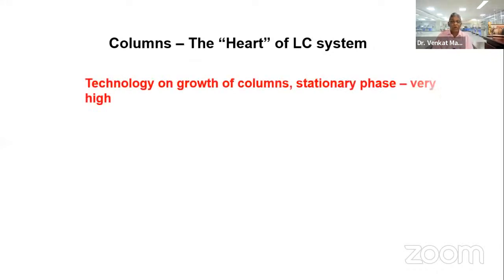Good. Now, as you know, the column contains stationary phase, and also of different nature or different kinds of stationary phases which fill the column, and they are responsible for the separation of the components. The technology has grown tremendously to fill the column with different particle sizes. The column is an inert material.